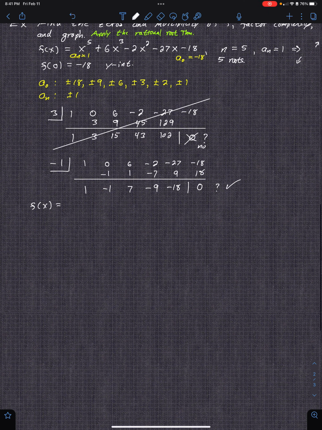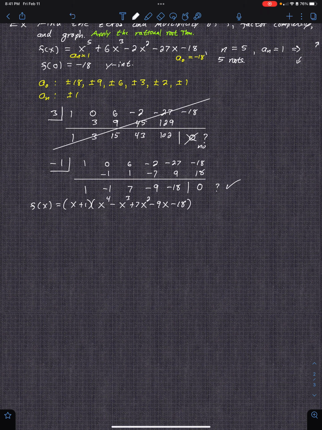That means you get x minus negative 1 as a factor. And then this is another polynomial that's reduced by 1 degree. So now that's x to the 4th minus x cubed plus 7x squared minus 9x minus 18.